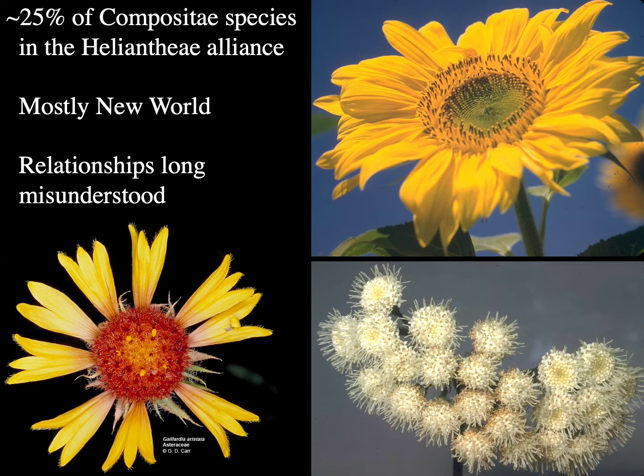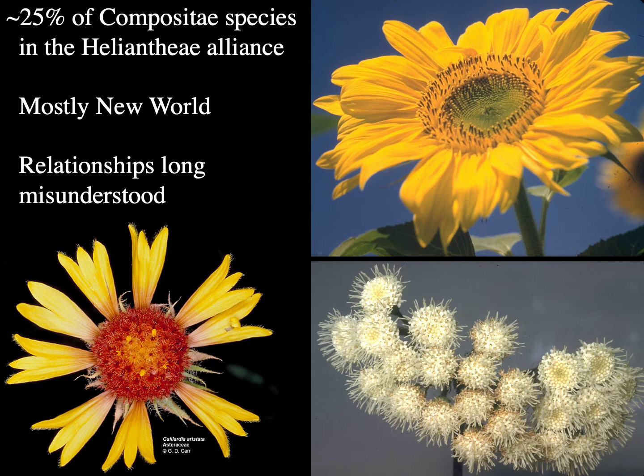So the Helianthe Alliance is a group that's also been called Supertribe Heliantheae by Harold Robinson. He named it not too long ago. It's a clade that takes in about 25% of the species within the Compositae or Asteraceae. And these are for the most part New World taxa, especially being diverse in the drier, more subtropical parts of the New World.